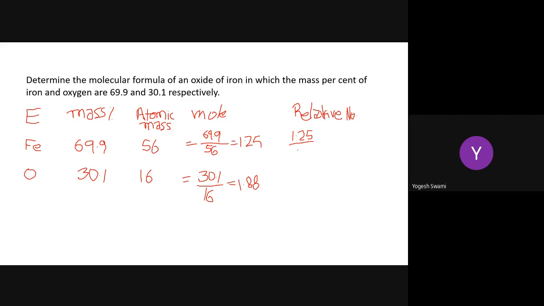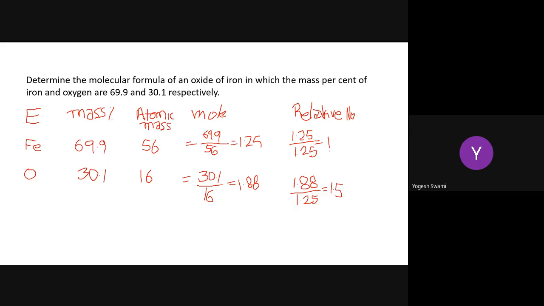When 1.25 is divided by 1.25, that value comes nearly 1. And when 1.88 is divided by 1.25, that value comes nearly 1.5. Most of the time, हमारी ये वाली वैल्यू होल नंबर में होती है, like 1 2 3 4 5 6. अब कभी ऐसे फ्रैक्शन में आ जाए जैसे 1.5 आ गया.